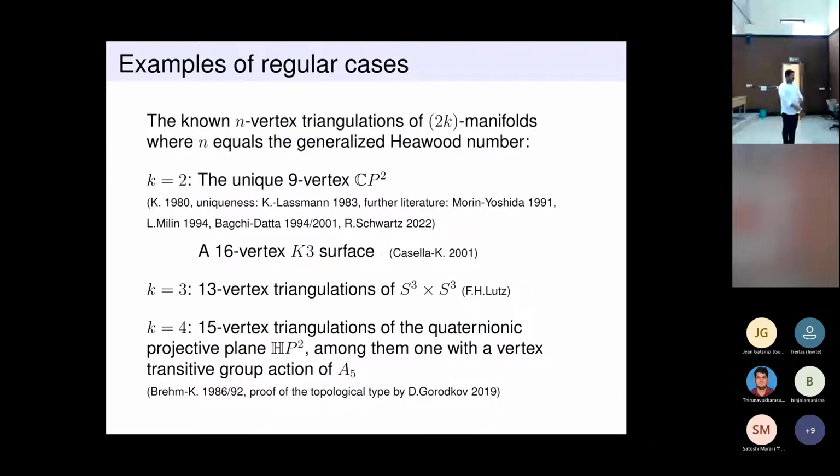Currently, in the last week only, we have another result on arXiv, given by Gaifullin. For k equal to 8, that is a 27-vertex triangulation of the Cayley projective plane. It is very interesting because when Kühnel prepared these slides, that problem was not known, and now when we are talking about it, it is solved.